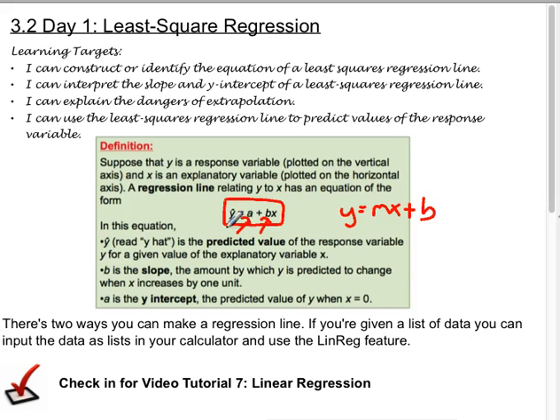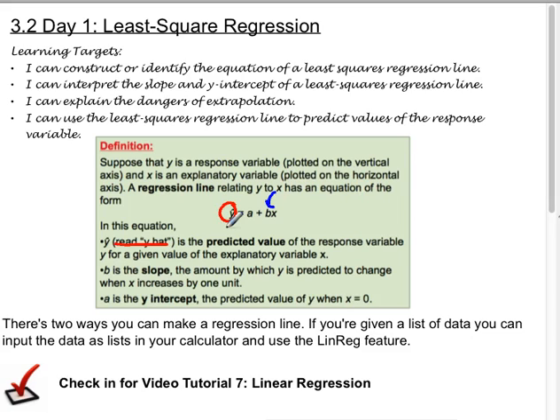So how can we read this? For starters, y hat is the predicted value of y, the predicted value of the response variable. Then b is going to be your slope, and your slope is the amount by which y is predicted to change when x increases by 1 unit.